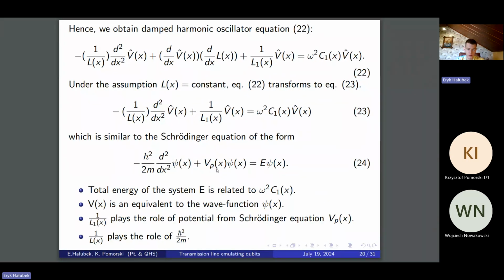For example, effective potential corresponds to the value of 1 over L1 of x. That's probably the most important. And we can see that the total energy is related to omega squared times C1 of x. And 1 over L of x plays the role of h squared divided by 2m.